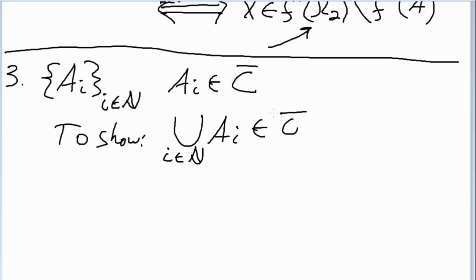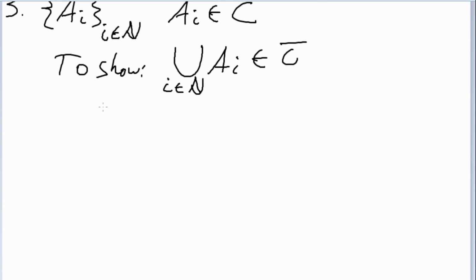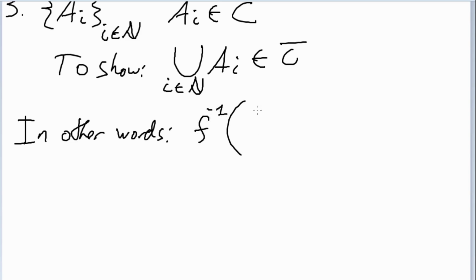And again, if we think about the meaning of being in C-bar, all we're basically wanting to show here, so I'll write in other words, is that the preimage of this union is in A1 again. And again, that's what I want to show.